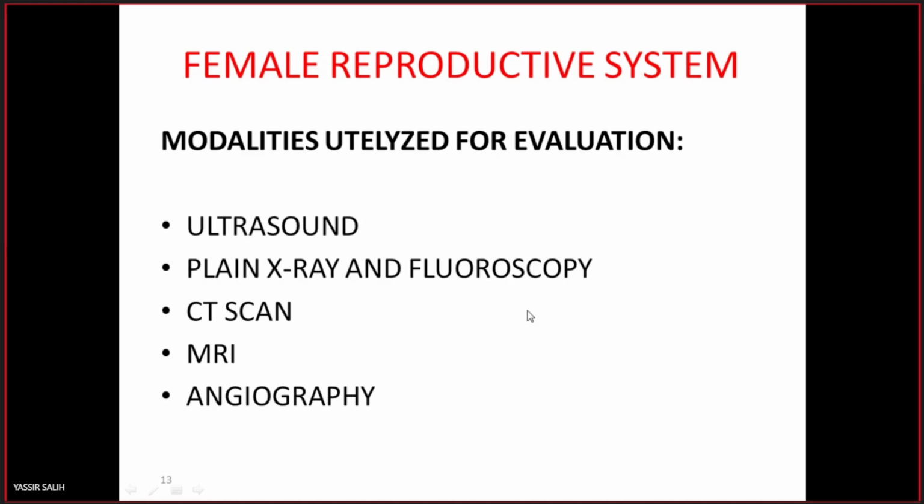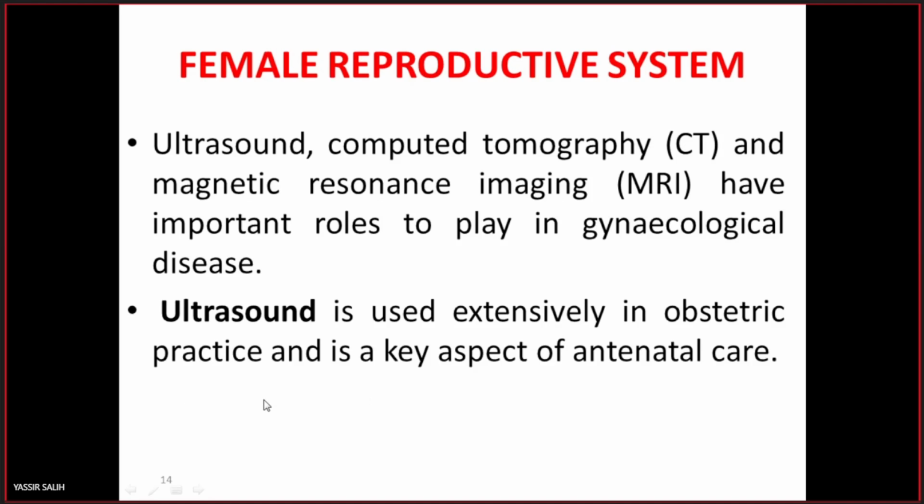Fluoroscopy زي ما انتم عارفين هي ايش؟ هي live imaging technique in which you can commonly perform by giving the patient contrast and then look into the monitor or screen to look for the opacity of this contrast which given to the patient through any route and to evaluate this structure. This is fluoroscopy. CT scan or computed tomography, magnetic resonance imaging, and angiography.